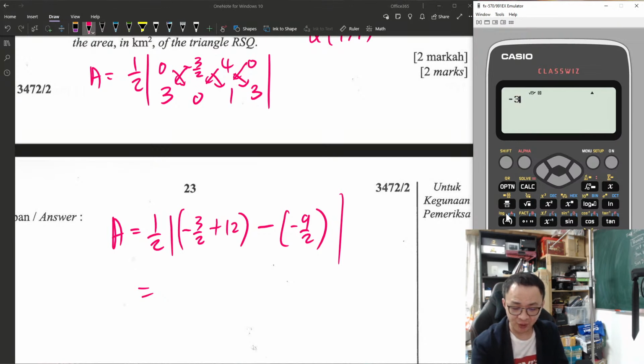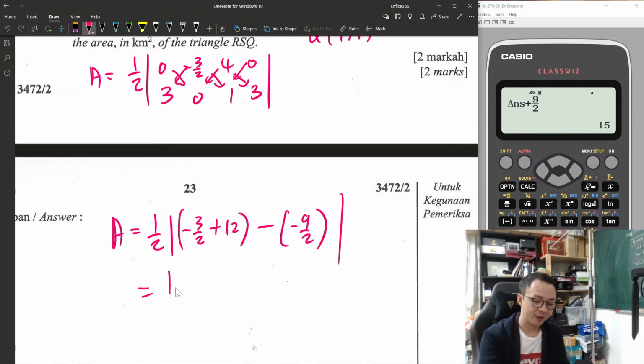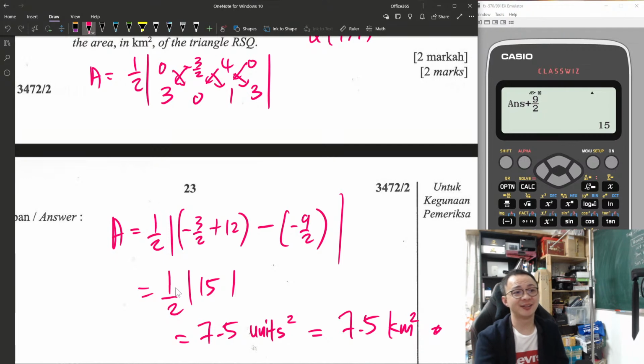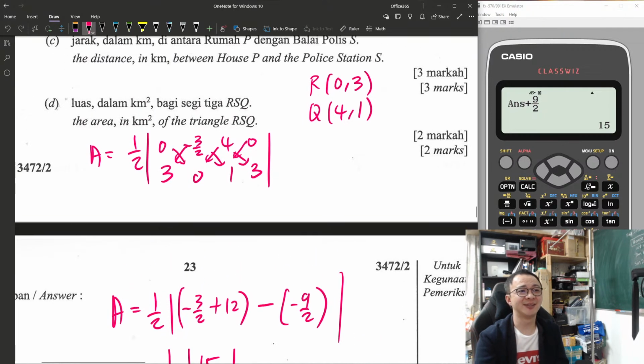Negative 3 over 2 plus 12, and then plus 9 over 2 again. 15. So this is 1 over 2 times 15, which is 7.5 unit squared. But since the unit is actually the same as cm, I can say it's cm squared. Alright, this is how I get the distance in cm.